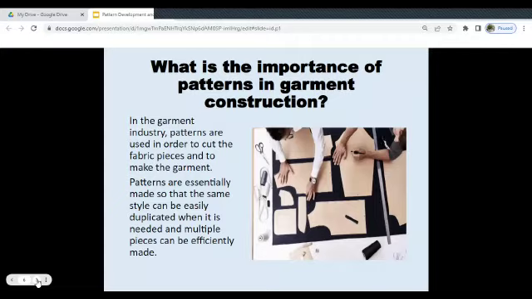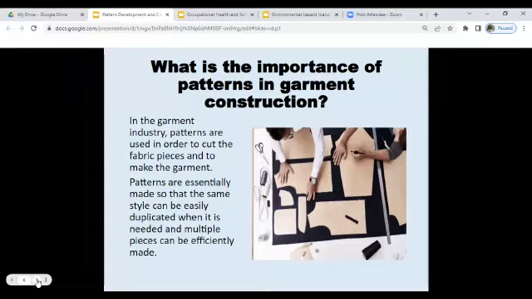Why are patterns important? In the garment industry, patterns are used to cut the fabric pieces and to make the garment, but they are essential because you can use them to make the same style over and over, so they can be easily duplicated whenever needed.